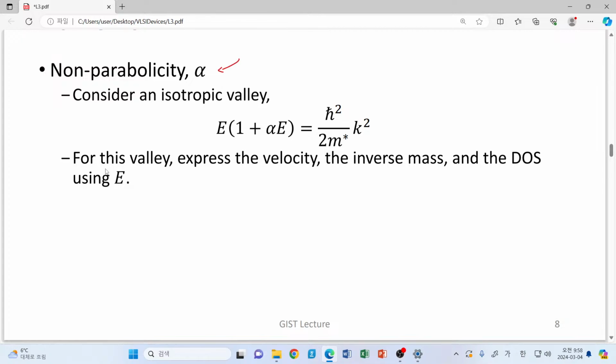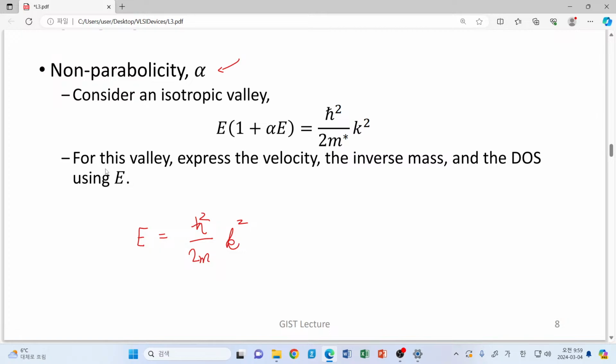I wanted to introduce one concept called non-parabolicity. Usually we treat energy as a function of k, and it usually has this square expression, a parabolic one.